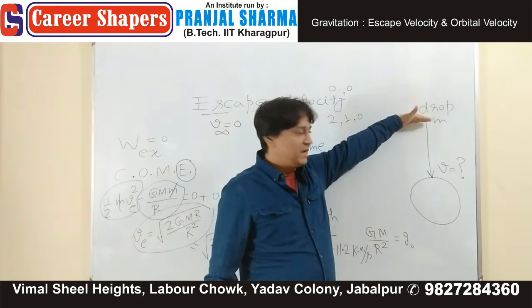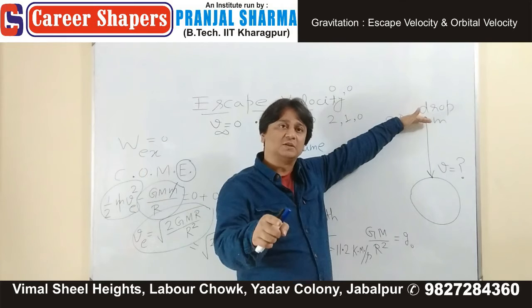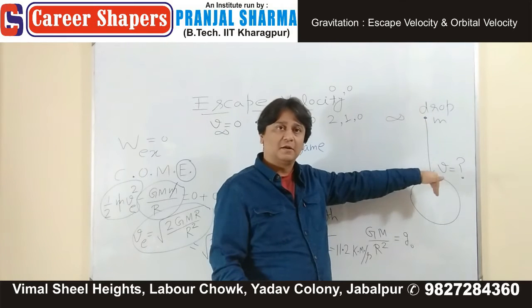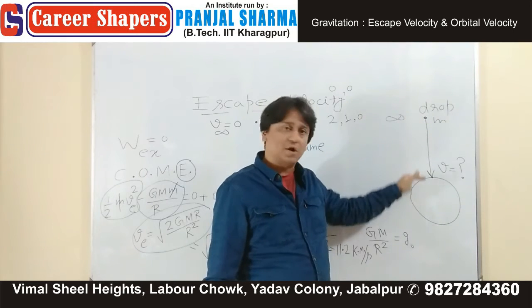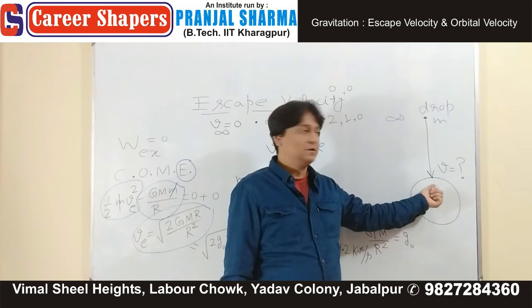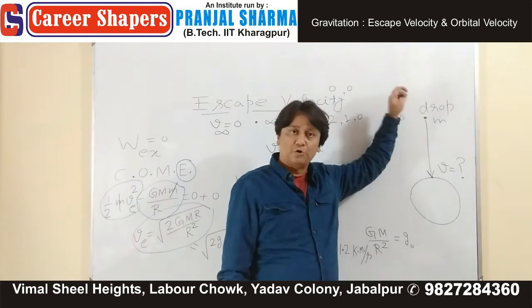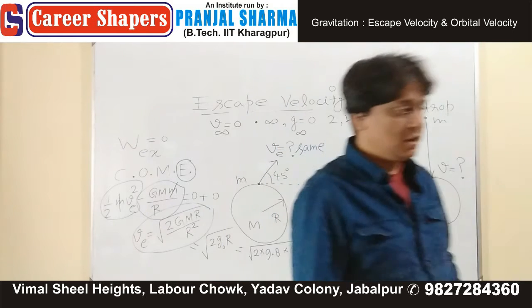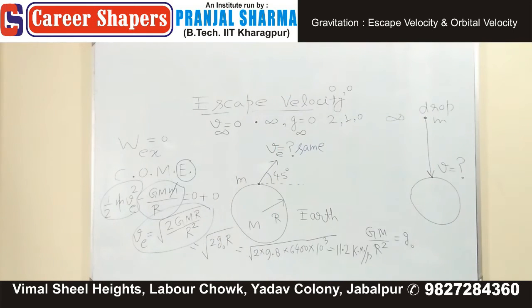Gravity will keep on attracting it, and ultimately it will fall back over here. So when you drop it from infinity, with what speed is this object going to come back?